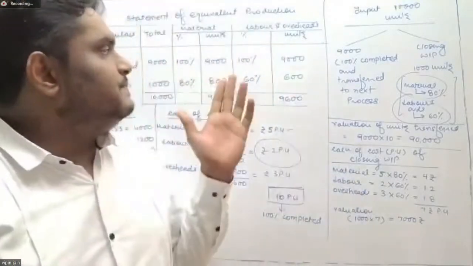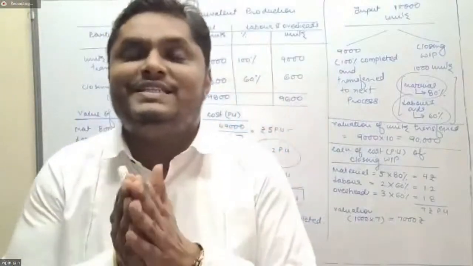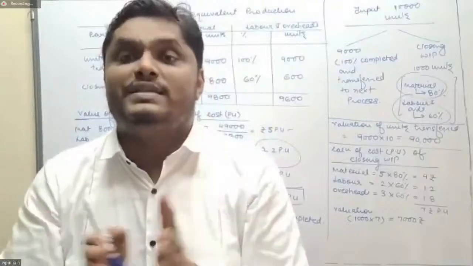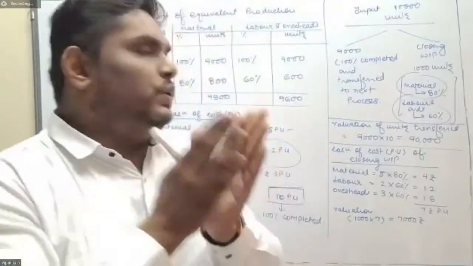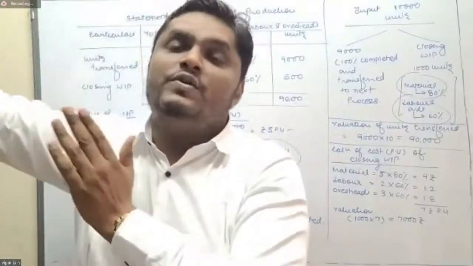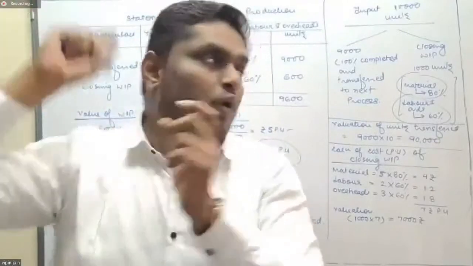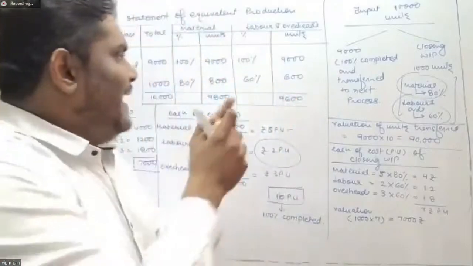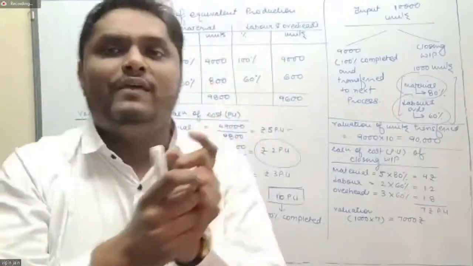See dear, 80% and 60% represents what? That is the work that is completed during this year. The remaining 20% and 40% will be completed next year. So for next year, in case of opening work in progress, the balance work will be completed on opening work in progress.